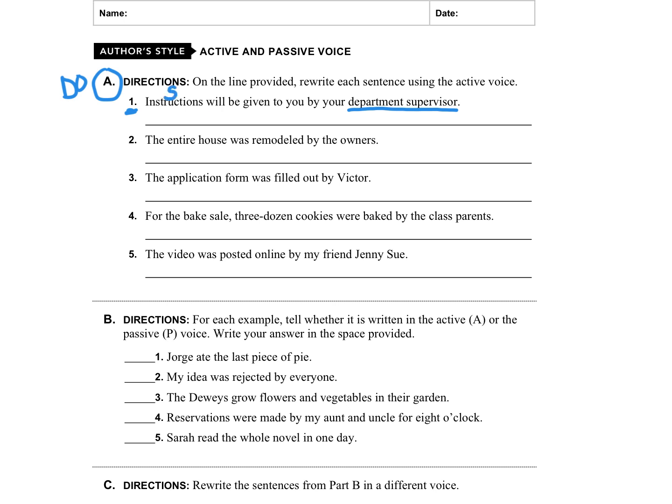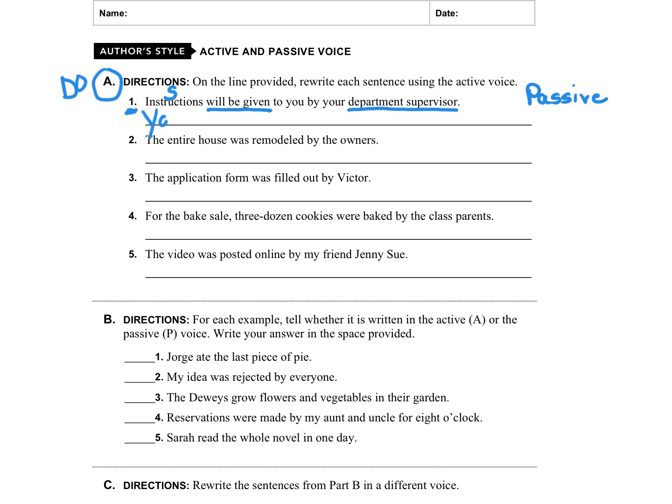And what's the verb phrase? They will be given. Now, that's not an action verb. Those are helping verbs, linking verbs, not active voice. Okay? So this one is obviously passive because they're having us rewrite it in the active voice. So that's a given. You're not going to see action verbs. Start with whoever's doing the action.